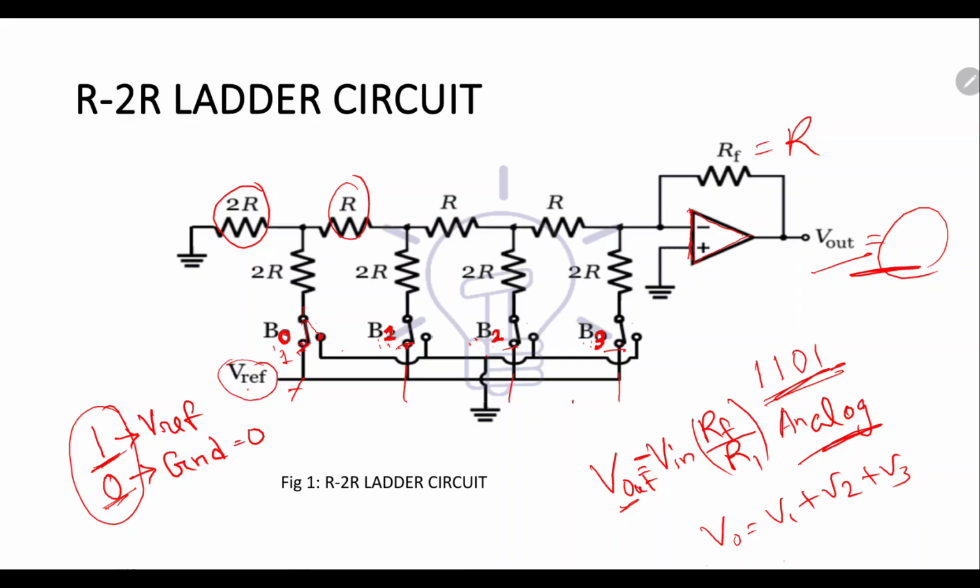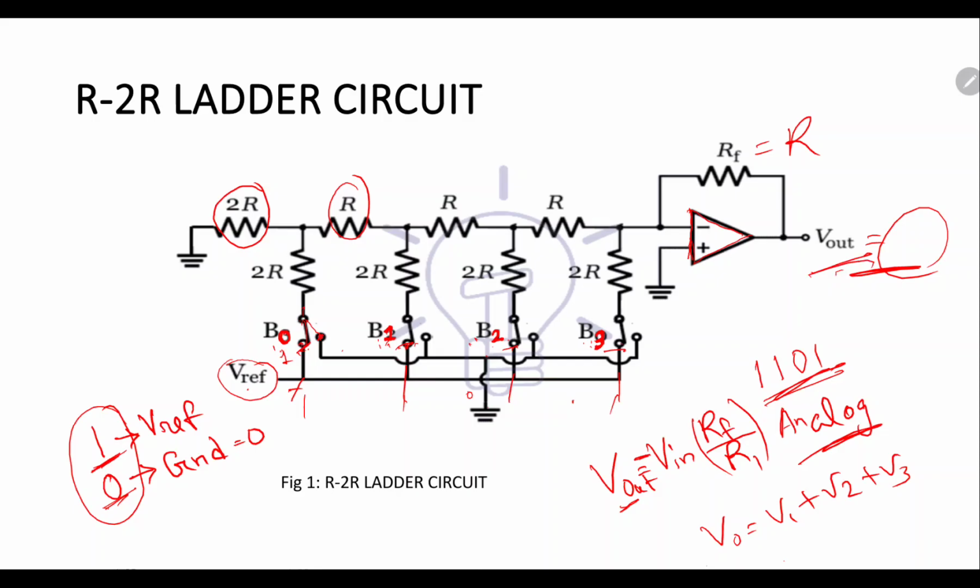It means whatever input voltages we are giving to the input terminals, the output will be the summation of all these voltages. So here we have to find what the output voltage will be if we are giving this 1 1 0 1, these different values.